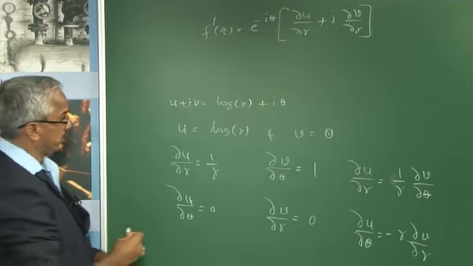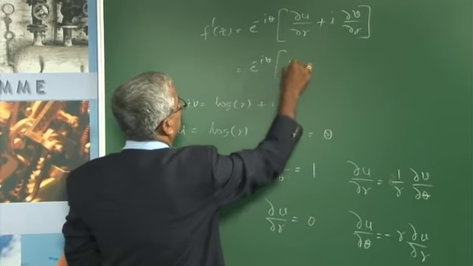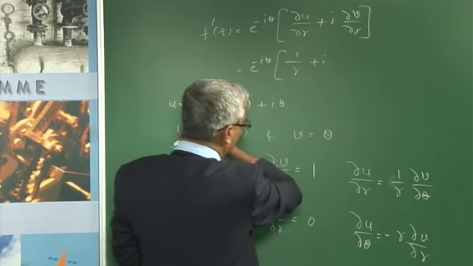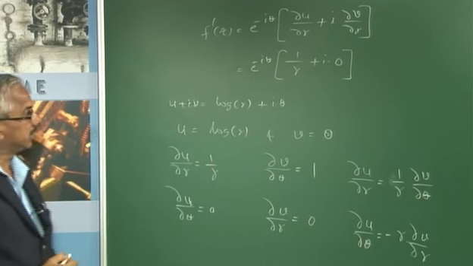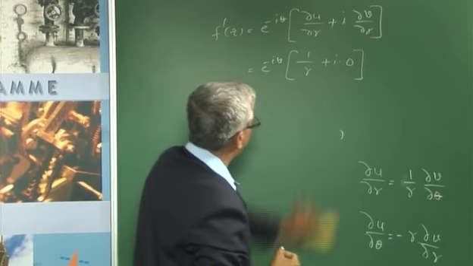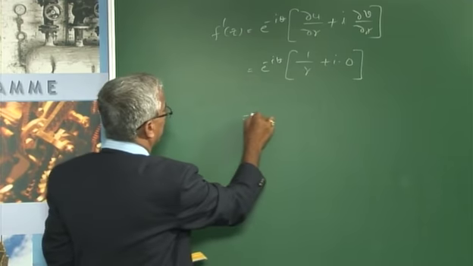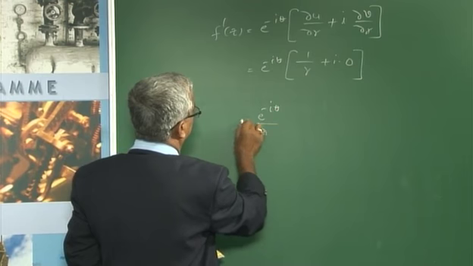Then replace dou u by dou r, which is 1 by r, plus i into dou v by dou r, which is equal to 0. So, this gives e power minus i theta divided by r.